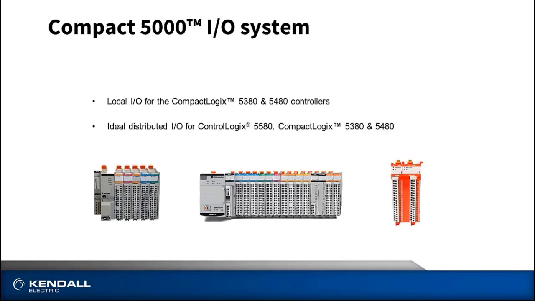Notice this I/O structure is compatible also with the 5580 or L8 ControlLogix processors as well. The picture on the right shows an example of the newer 8-channel safety input module and 8-channel safety output module. And the red color makes it easy to distinguish that these are safety rated modules.